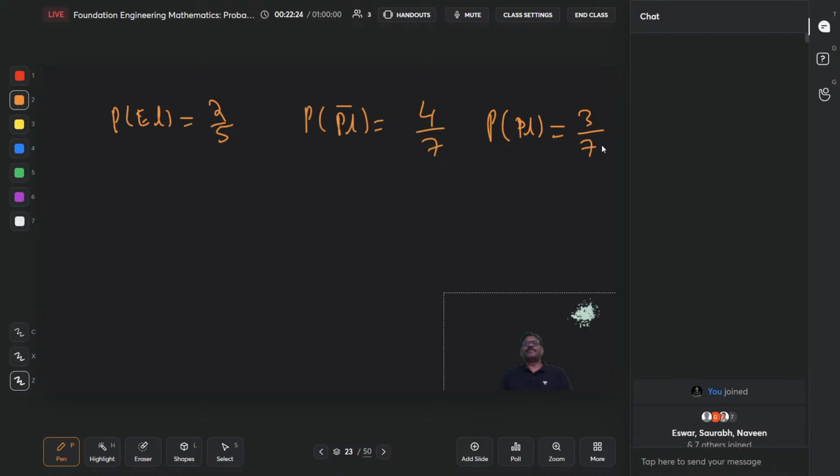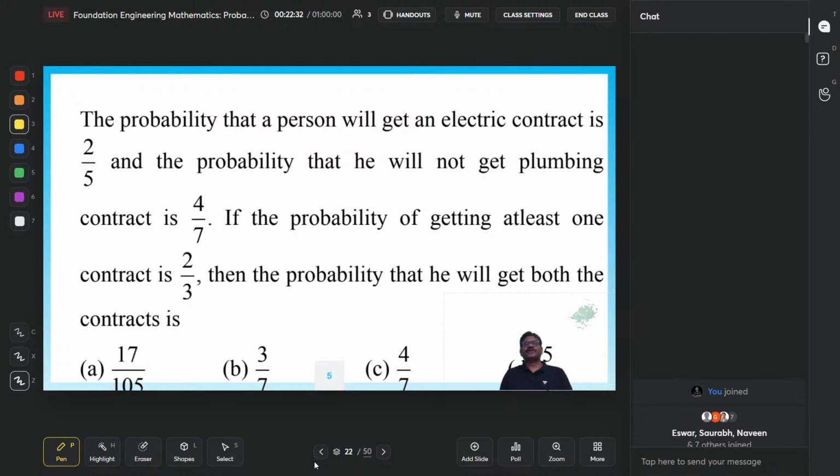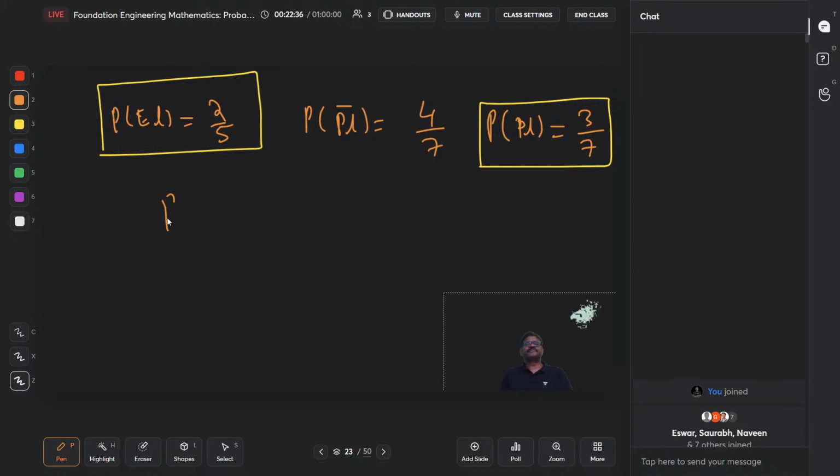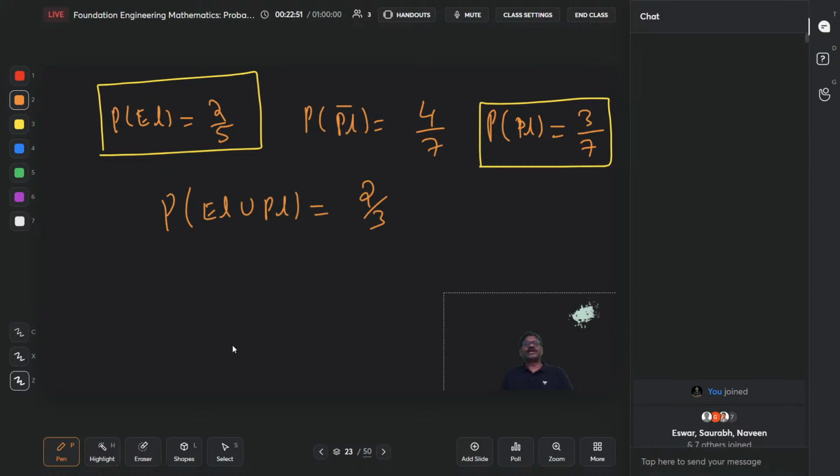Probability of getting a plumbing contract is 3 by 7. Now, the probability of getting at least one contract, either plumbing or electrical, is 2 by 3. Now, the probability of getting both the contracts.